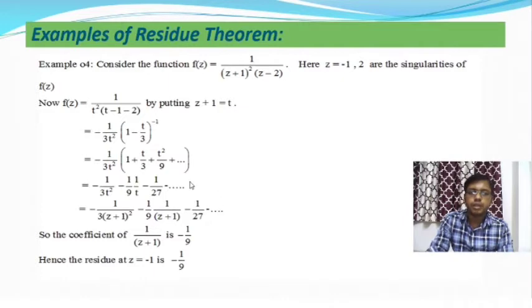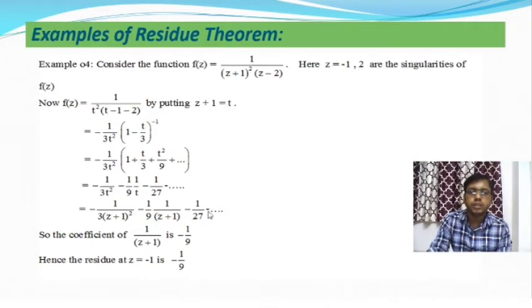Okay. So therefore now we'll change the variable t is equal to z plus 1. So this expression will be changed and it gives the first term, minus 1 by 3 into (z plus 1) whole square, and the second term will be minus 1 by 9 into 1 by (z plus 1), and after that we'll get the third term, which will be 1 by 27 and so on. Okay.